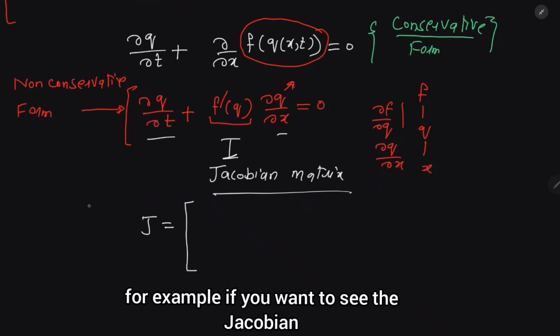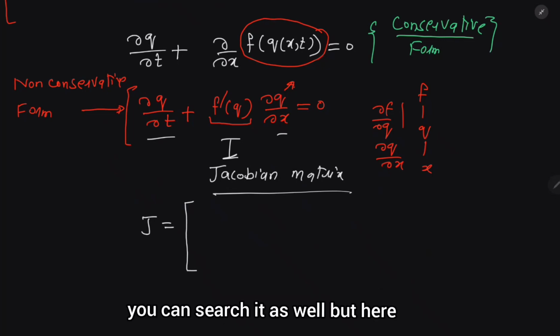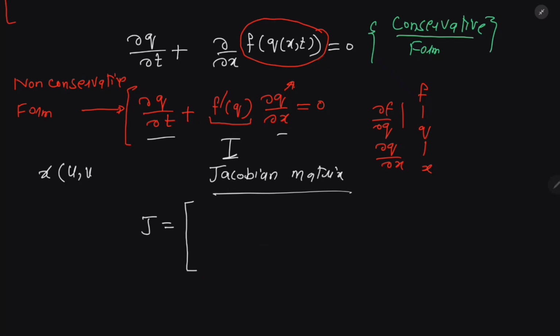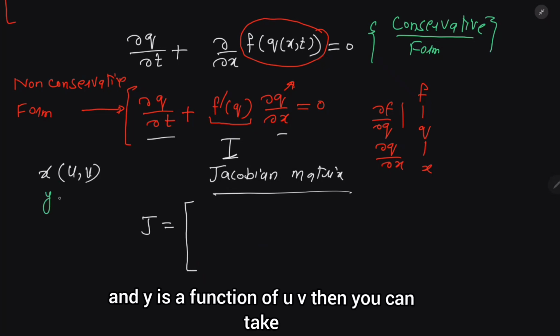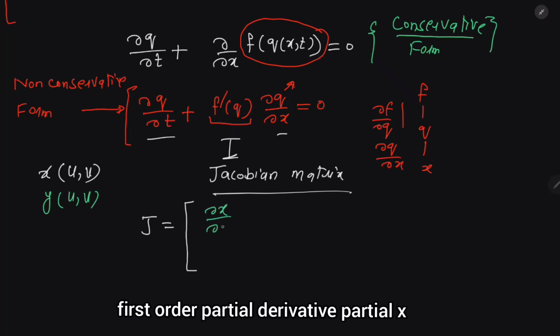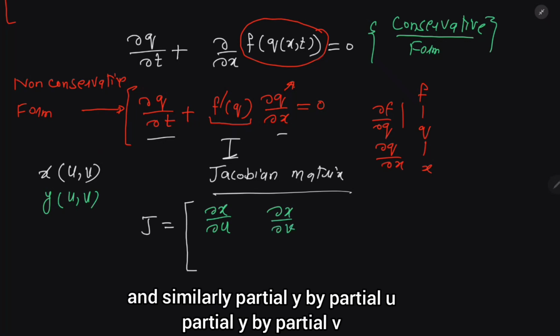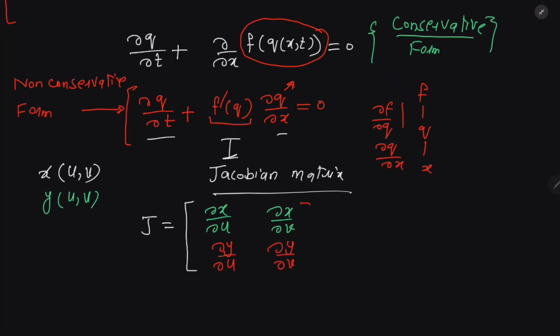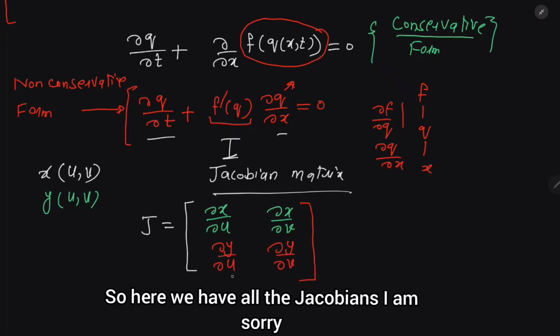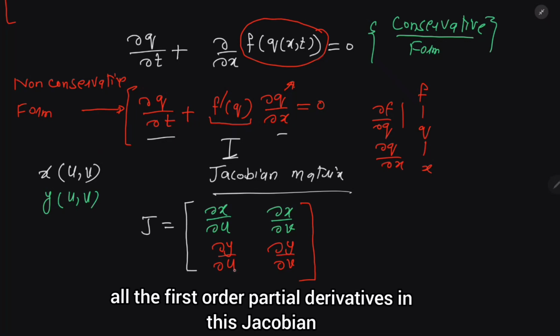So these are all first order partial derivatives. For example, if you want to see the Jacobian, you can search it as well. But here, if we have, for example, x as a function of u, v and y as a function of u, v, then you can take the first order partial derivatives: partial x by partial u, partial x by partial v, and similarly partial y by partial u, partial y by partial v. So here we have all the first order partial derivatives in this Jacobian.